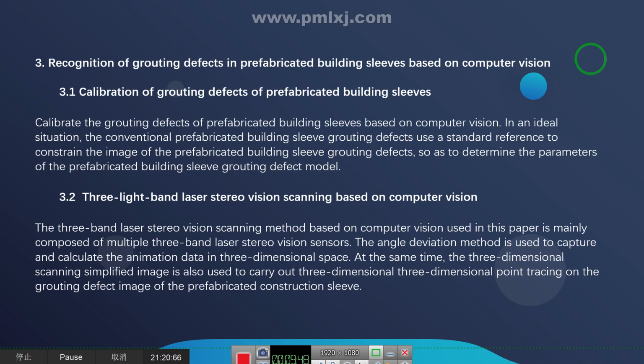The angle division method is used to capture and calculate the animation data in 3-dimensional space. At the same time, the 3-dimensional scanning sampled image is also used to carry out three-dimensional point capture on the grouting defect image of prefabricated construction sleeve.